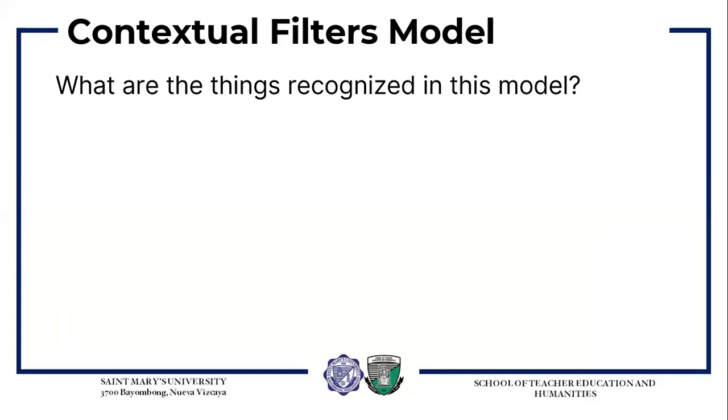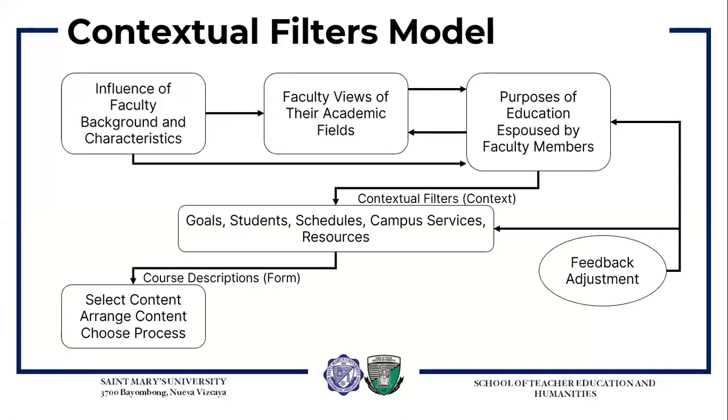I hope that you were able to understand this model here. It's quite complicated because of the many arrows, but you see the arrows as to how one influences the others. Again, we start with how faculty backgrounds and characteristics can influence our views of our own academic fields.